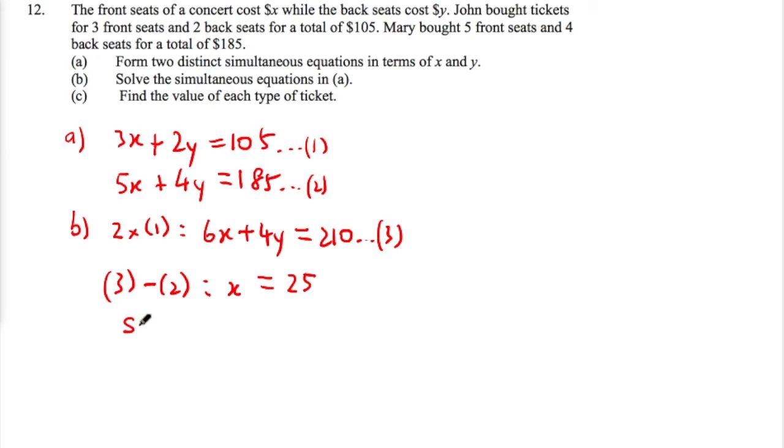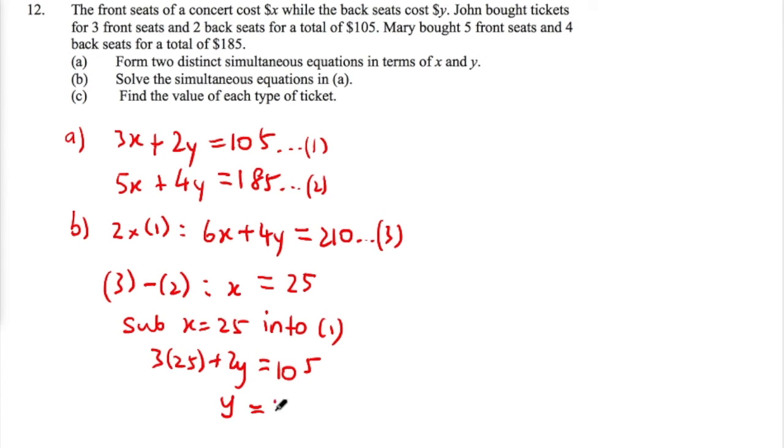Then we substitute x into equation 1 to give us 3(25) plus 2y equals 105, and simplifying this will give us y equals 15.